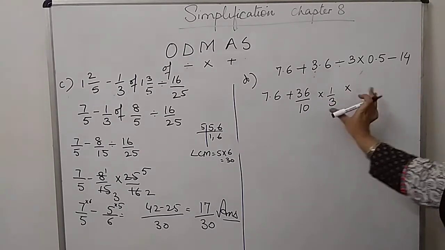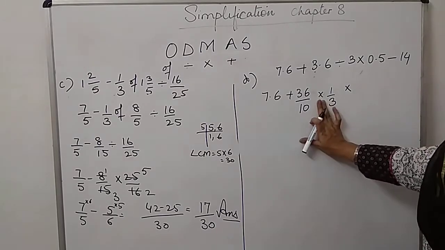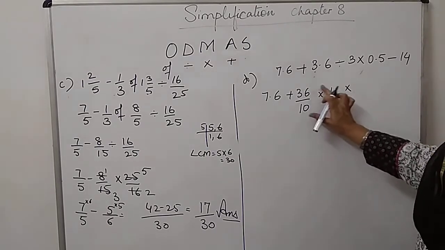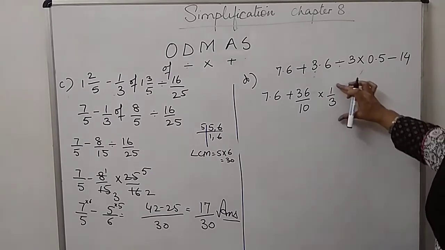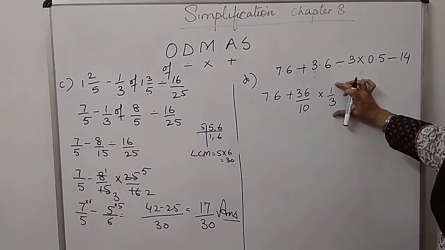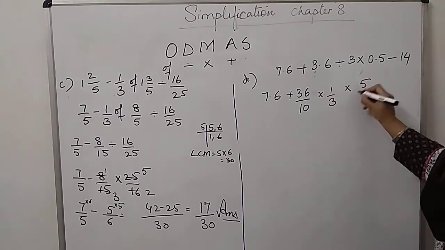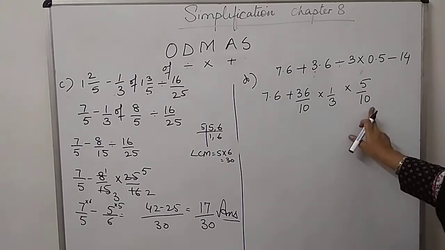If you want, you can solve it together also. Since we have solved the division, we have converted it into multiplication and converted this into a reciprocal also. So we can solve these three fractions together also.